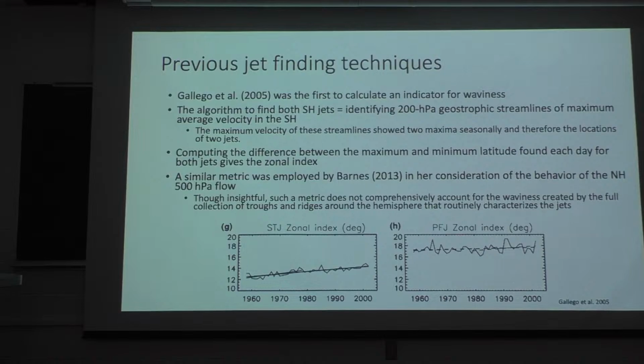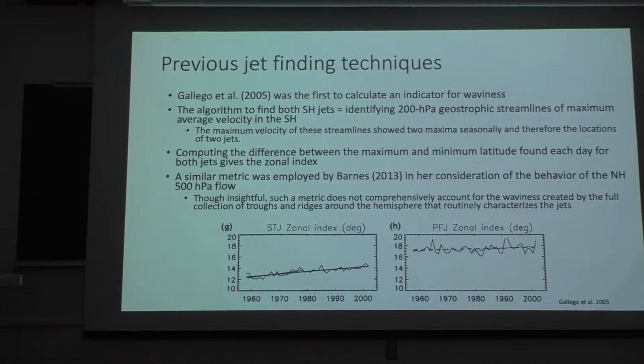The way that we found it, instead of geostrophic streamlines or heights, we use the PV space, so it would be located in a different area of the atmosphere compared to what was found using this type of study. Did that sort of help or no?